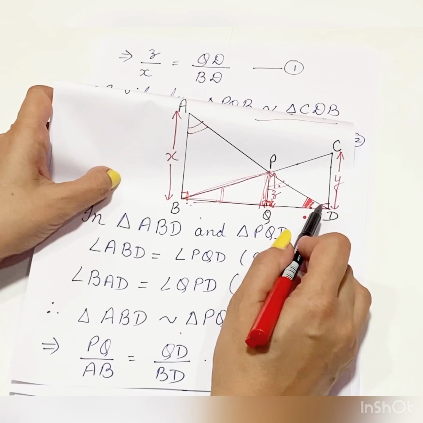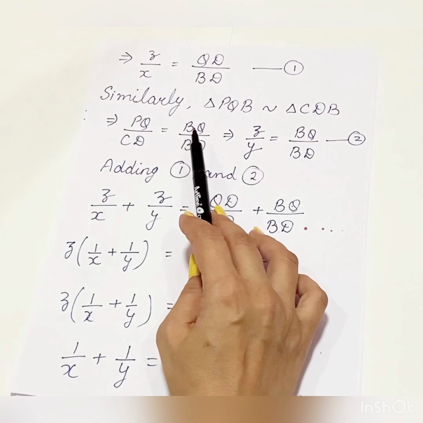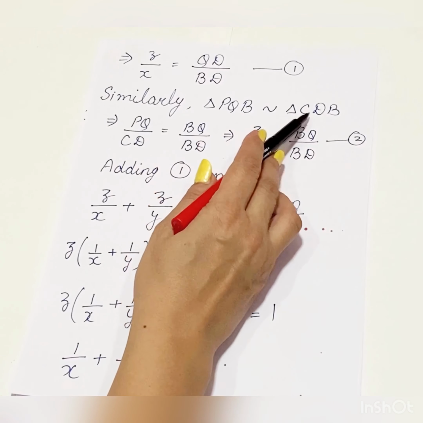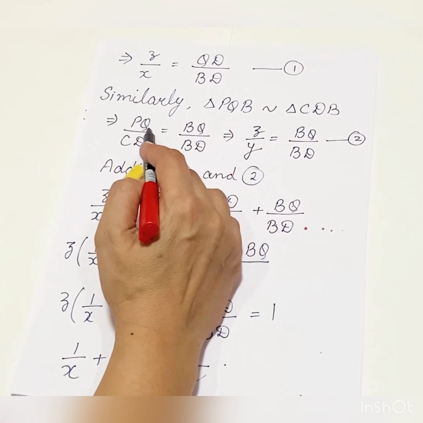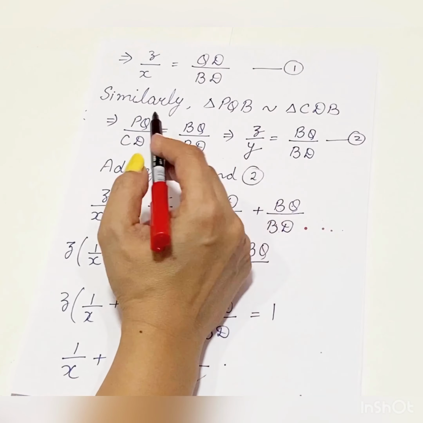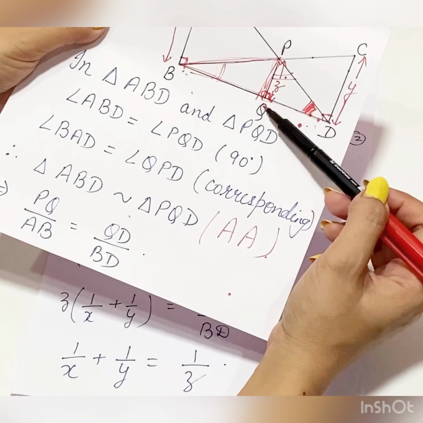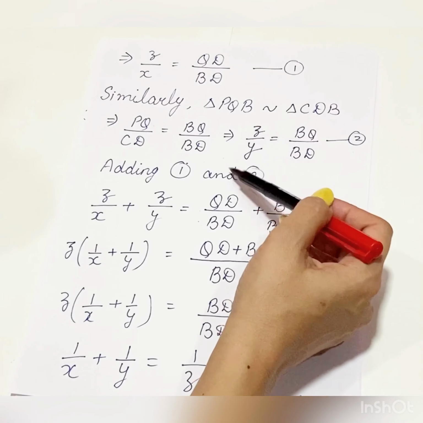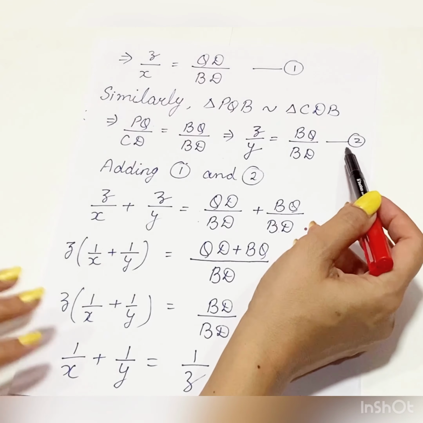This is 90, this is also 90. So triangles are similar to each other. We'll take the ratio of the sides. See, I have written the corresponding vertices, so I can easily take PQ upon CD is equal to BQ upon BD. Now PQ and CD. PQ is Z, CD is given to be Y. So you will have Z upon Y is equal to BQ upon BD. This is equation number 2.